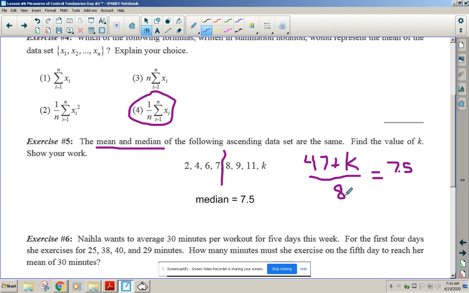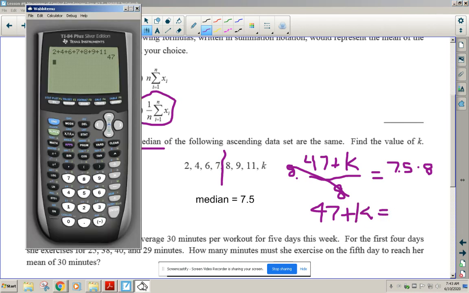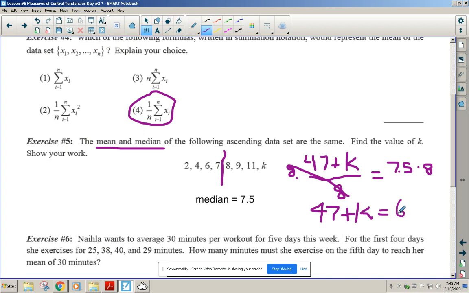So an equation to solve. The inverse of division is multiplication. If we multiply both sides by 8, this cancels, and 47 plus K is equal to, well, I need my calculator now, 7.5 times 8 equals 60. Subtract 47 from 60.